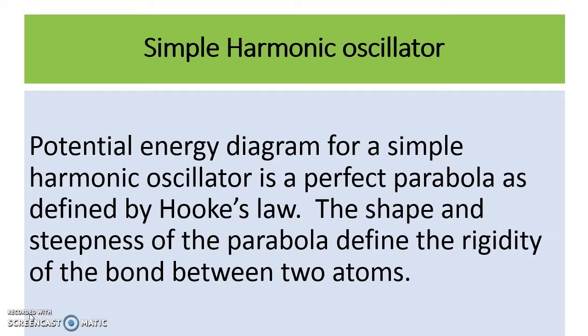The potential energy diagram of a simple harmonic oscillator is a perfect parabola as defined by Hooke's law. The shape and the steepness of the parabola define the rigidity of the bond between two atoms, which behave like a harmonic oscillator.